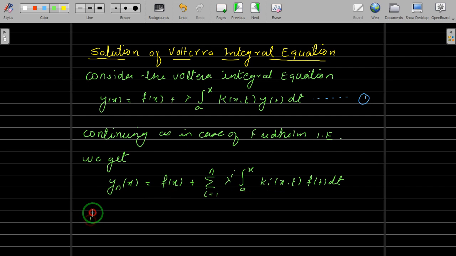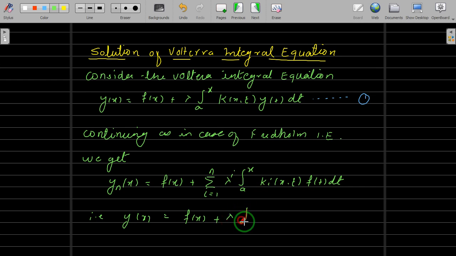You take the limit as n goes to infinity, and then again you will have a Neumann series. You can check the convergence of that Neumann series. You will have y of x, the limit of yn, is equal to f of x plus, do the same thing that we have done.